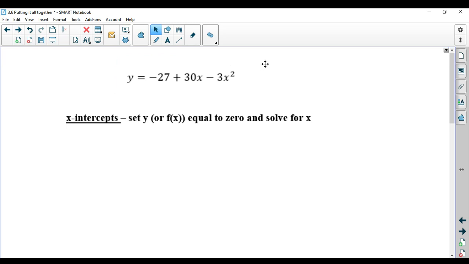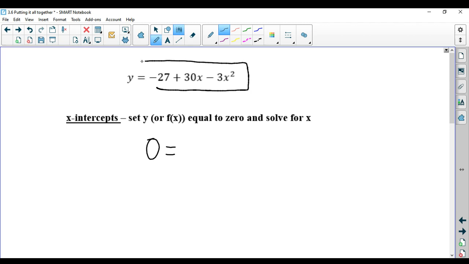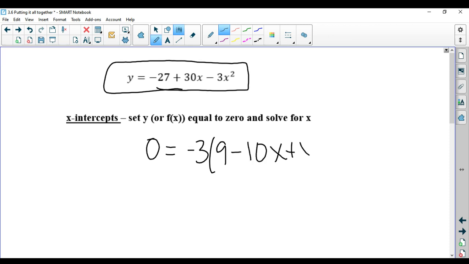For this function, to find x-intercepts of any function, you set the function equal to 0 and solve for x. So for the intercepts of this function, we plug in 0 for y and solve for x. You notice that there's a common factor of -3. So this would be 9 minus 10x plus x squared, which factors?